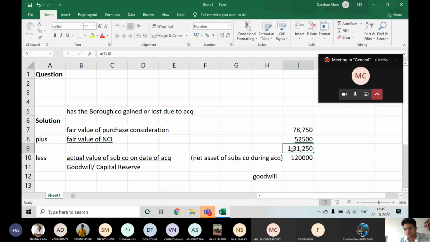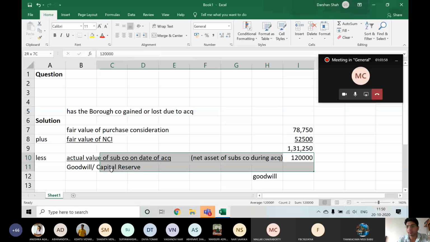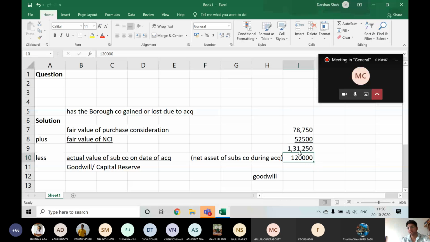For example, this 1,20,000 is not given in the problem. How to calculate that, that also I'll teach. So even if you are taking all the shares at par, still these two values might differ, and that's why we need to calculate whether it is goodwill or capital reserve.